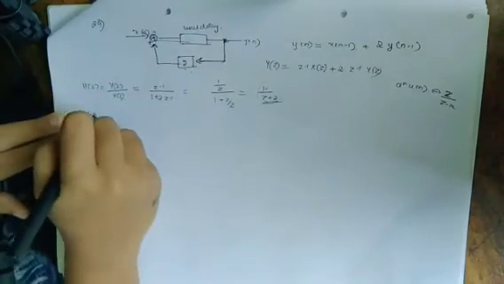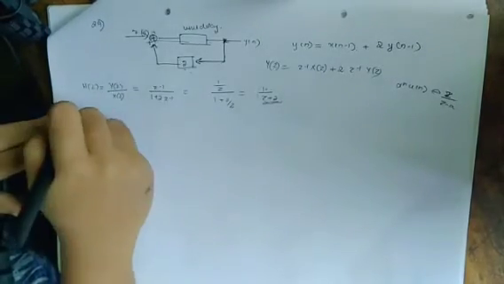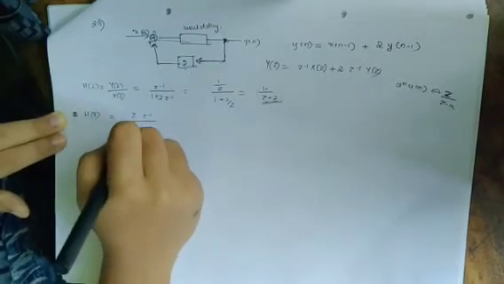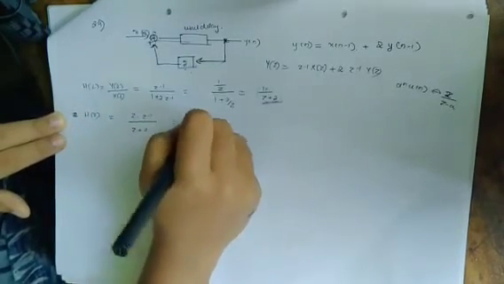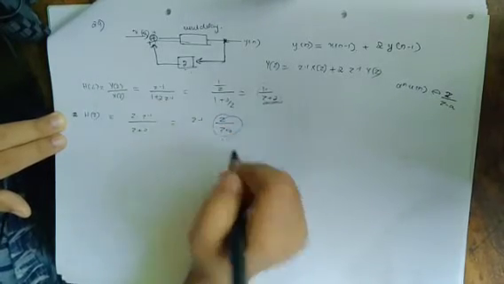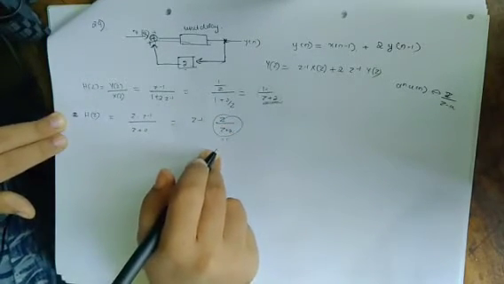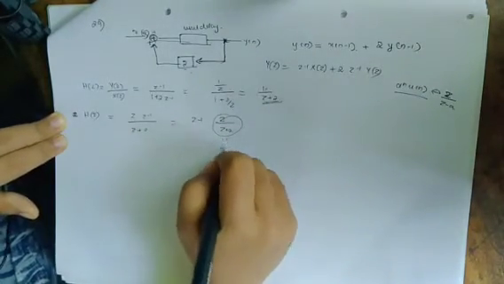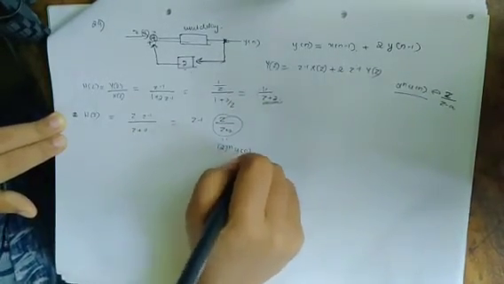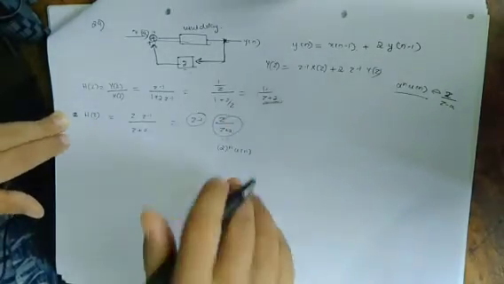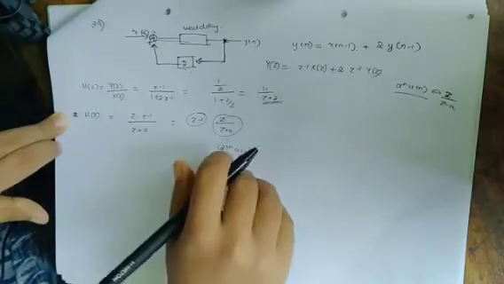For that I am going to multiply it by 1. Instead of 1 I am going to write z into z raised to minus 1, so z raised to minus 1 is kept aside, and z divided by z minus 2. So the inverse Z transform of z divided by z minus a is a raised to n u of n, that is 2 raised to n u of n, and it is multiplied by z raised to minus 1 when there is a unit delay.